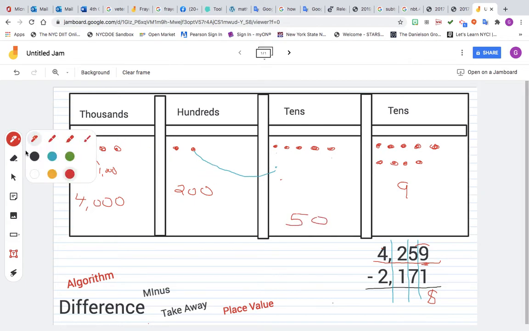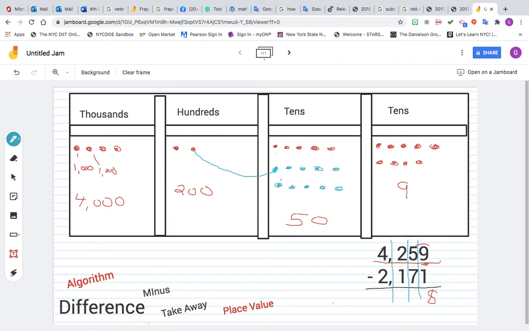All right, so let's go back to borrowing. Again, I'm borrowing from the hundreds place. That's 1, 2, 3, 4, 5, 6, 7, 8, 9, 10.